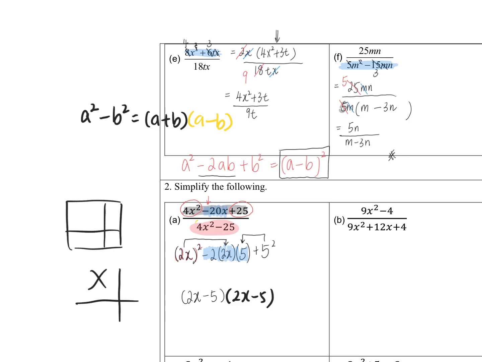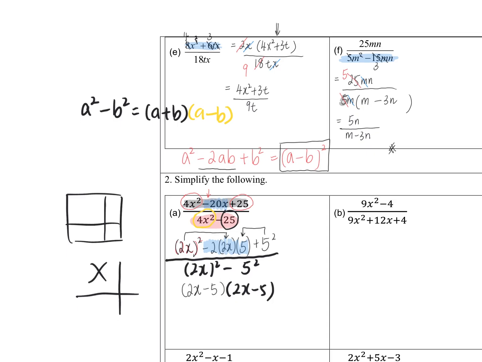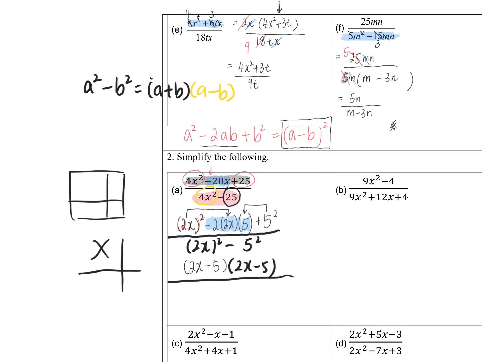So first thing, I need to break this into the squares. So this is 2x square. This one is 5 square. So at the denominator, when I factorize, it will become 2x plus 5, 2x minus 5.